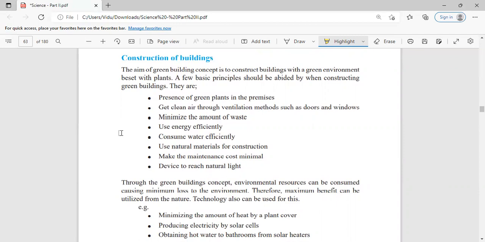There are a few basic principles that should be abided by when constructing green buildings, such as presence of green plants in the premises, clean air through ventilation methods such as doors and windows, minimize the amount of waste, use energy efficiently, consume water efficiently, use natural materials for constructions, make the maintenance cost minimal, and devise ways to reach natural light. These are a few basic principles that should be abided by when constructing green buildings.